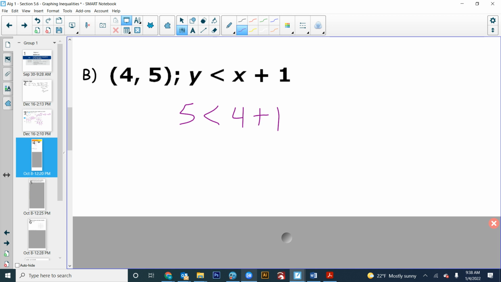Joe, what's my final inequality? 5 is what? 5 less than equal to, no, there's no equal to. It's just 5 is less than what? 5. Is that true? 5 is less than 5? No. There's no or equal to. So we got to be careful there. So this is false. So this means not a solution.